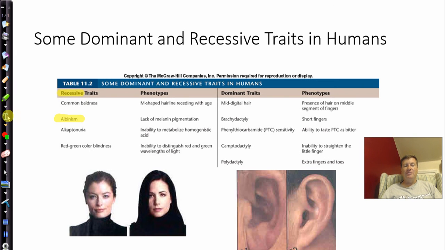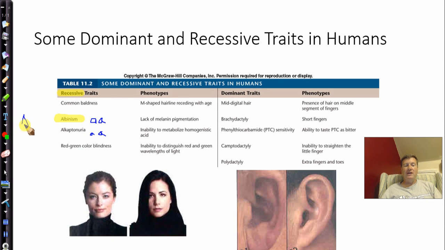Someone who has an albinism trait is going to have a little a from one parent and a little a from the other parent, and that's why they're going to be an albino. Alkaptonuria is a metabolic condition, same thing. One parent passed on the little a version and the other parent passed on the little a version. So if you have two recessive versions, you have that trait.